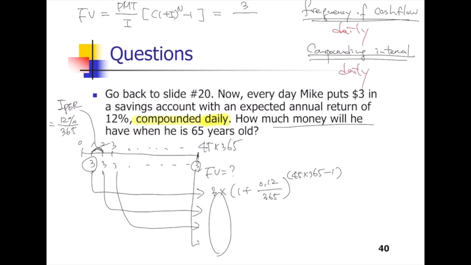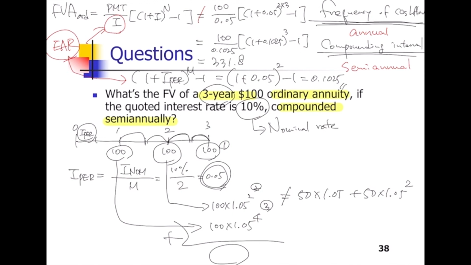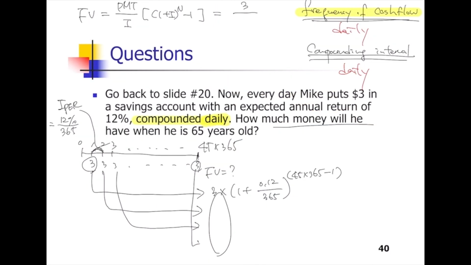It is the same. So in this case, what rate do we use? EAR or the period rate? Yeah, the period rate. We cannot use EAR in this case because EAR is an annual concept, so we should consider the frequency of cash flow. In the previous example, the frequency of cash flow is annual, so we used EAR. But in this case, the frequency of cash flow is daily. So we use just the period rate.